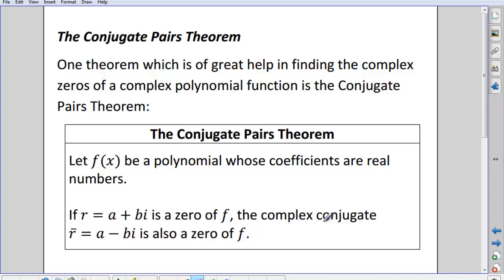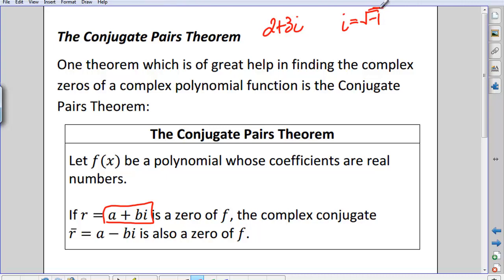So what do we mean when we say conjugate? If you'll recall, when we say a complex number, that's a number of the form a plus bi. Something like 2 plus 3i would be a complex number. And remember that i is the square root of negative 1.